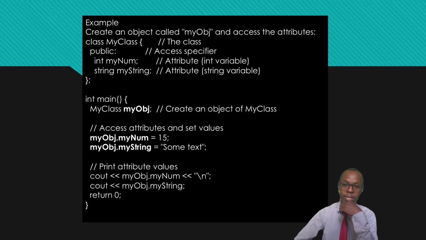This dot is the access operator, and public is the access specifier, where the data members and member functions are going to be accessed. All those things come under the access specifier, and we use the access operator.